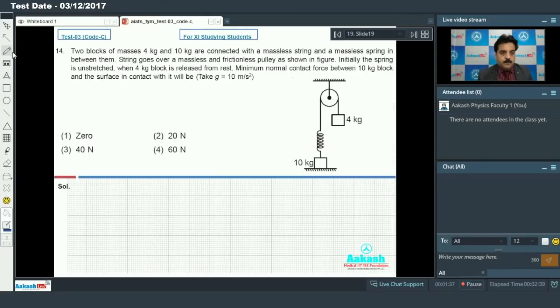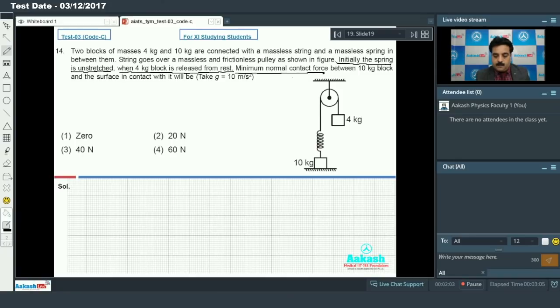Now I am going to take question number 14. Two blocks of mass 4 kg and 10 kg are connected with a massless string and a massless spring in between them. A string goes over a massless and frictionless pulley as shown in the figure. Initially the spring is unstretched when the 4 kg block is released from rest.